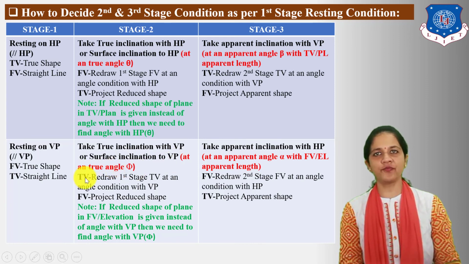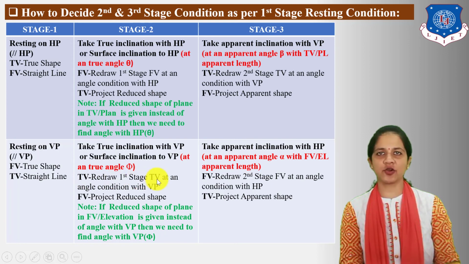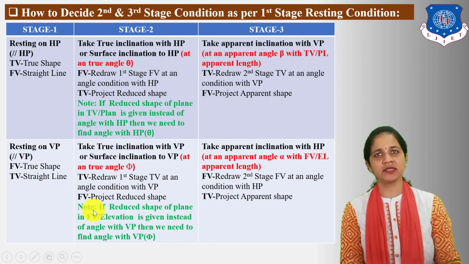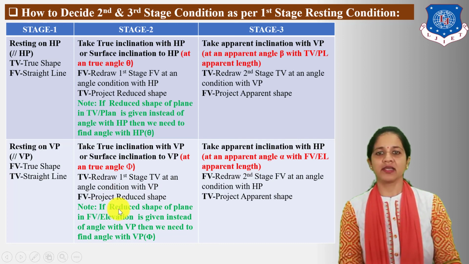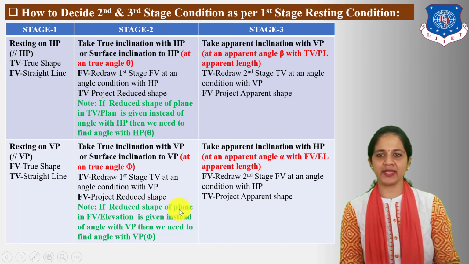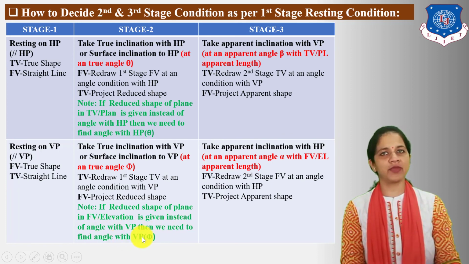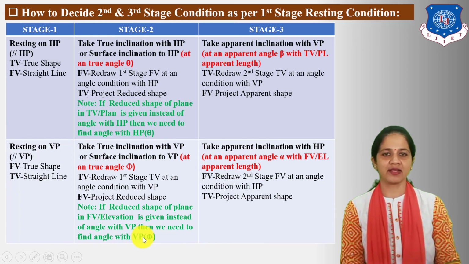Here in the top view, redraw the first stage top view straight line at an angle condition with VP, and in the front view project the reduced shape. Here also one thing you have to remember: if the reduced shape of the plane in the front view or elevation is given instead of the angle with VP, then we need to find the angle with VP, which is phi.